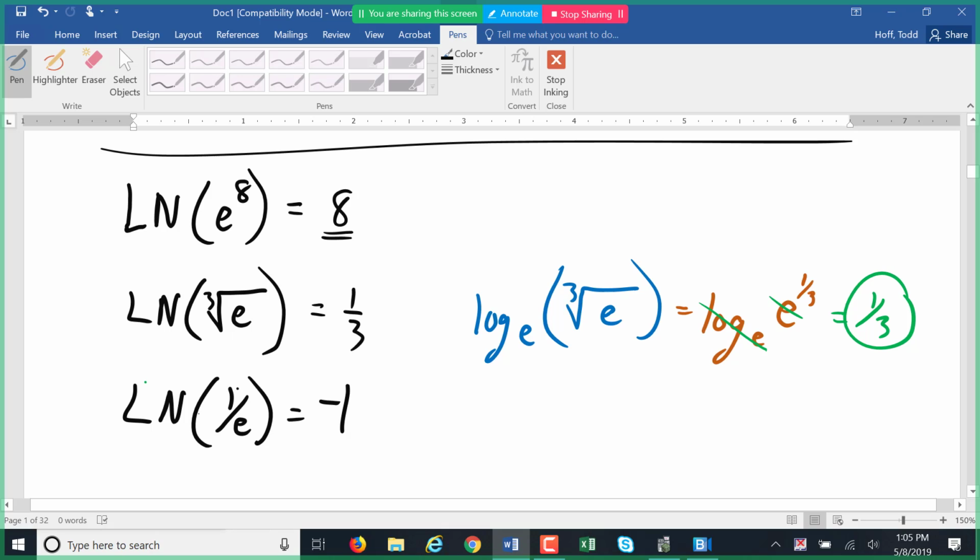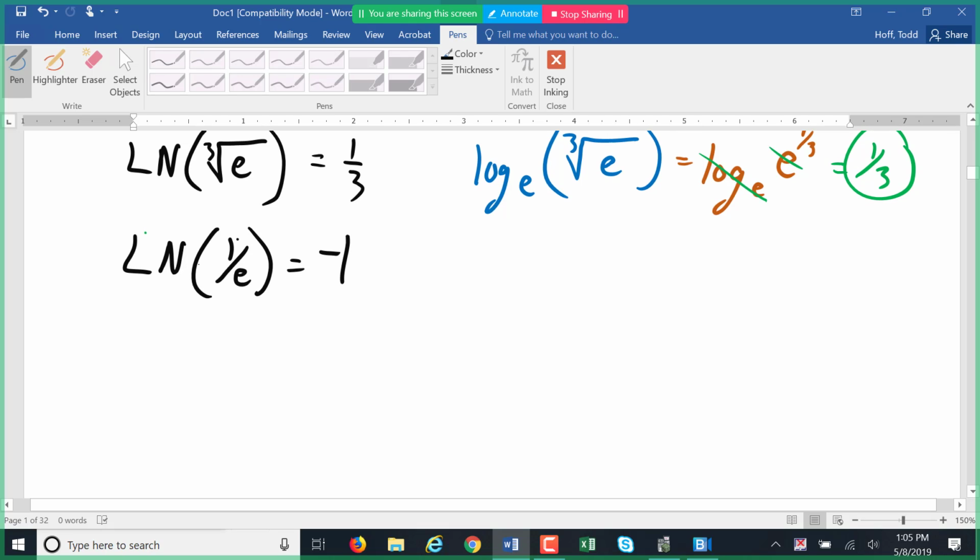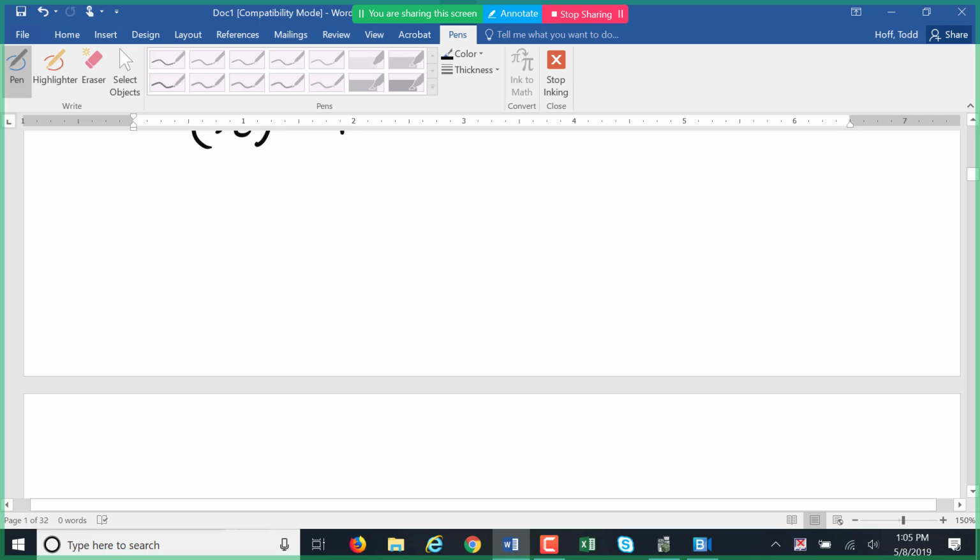Negative 1 is correct. So we can calculate those standard ones when the object of our log is expressed in terms of the base of the log. If it's a log base e, as long as e is in our object, we can express them pretty exactly. But what if that's not the case?